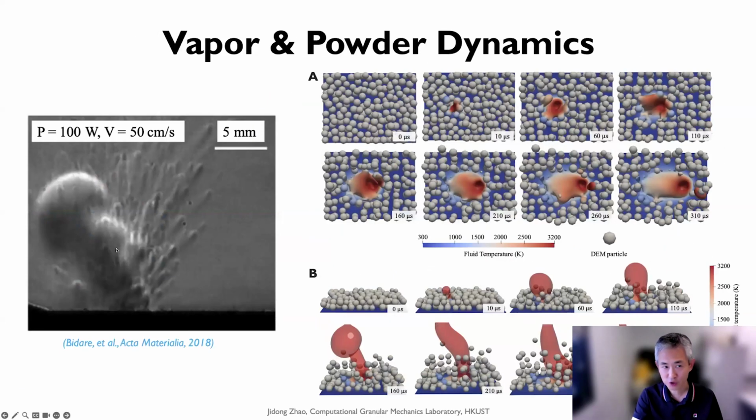This is another picture, captured at this speed by experimental observations, of how the powders can be splattering furiously. This is an illustration of scanning from here and moving to the right, and you can see the surrounding particles being sprayed and splattered away.